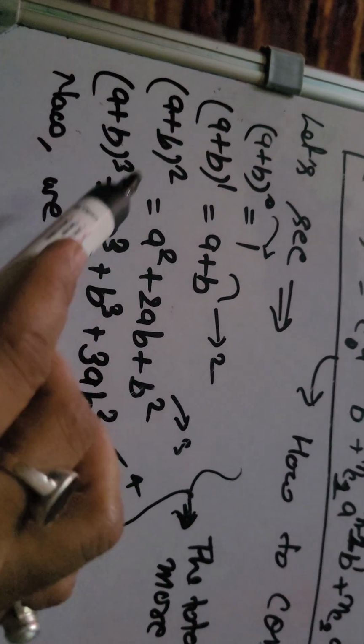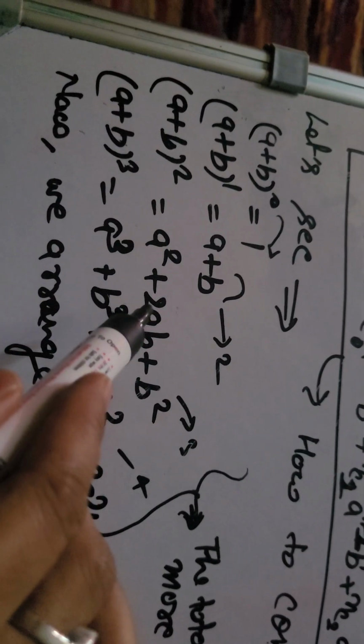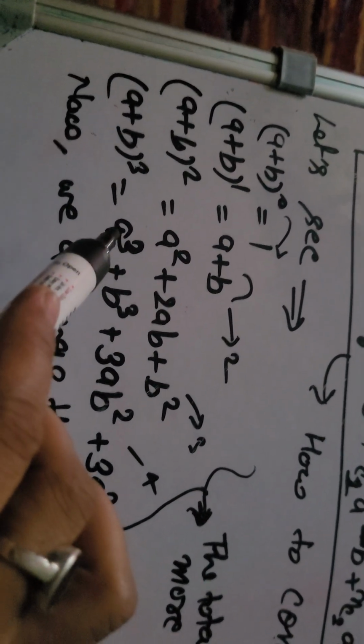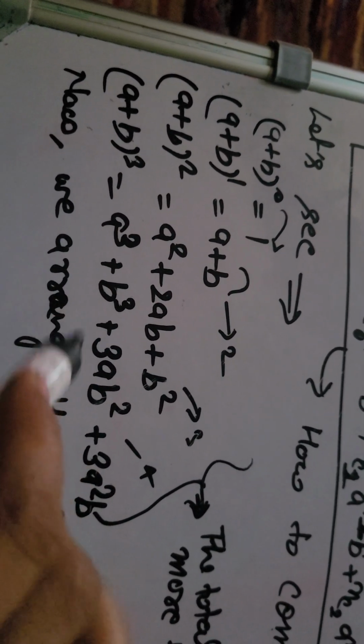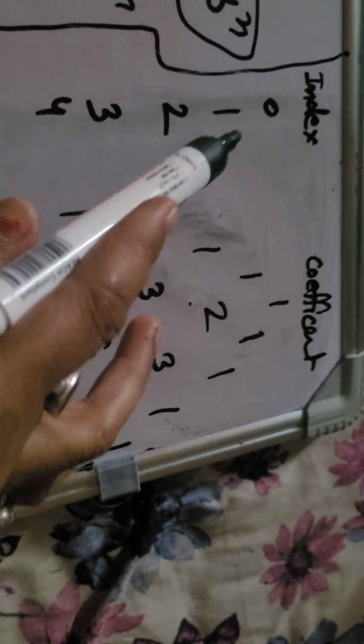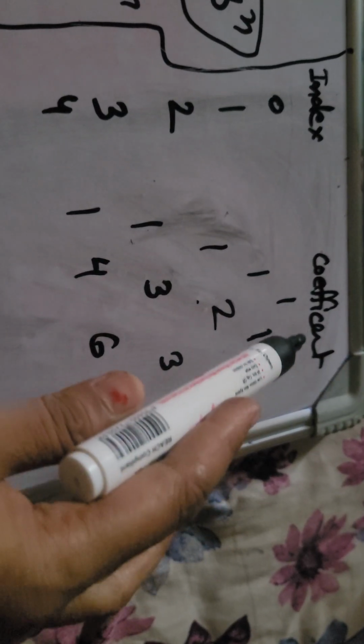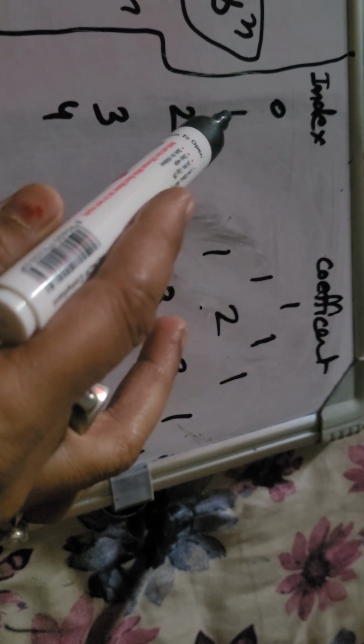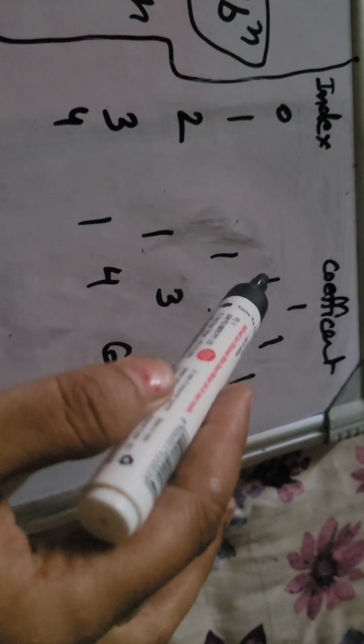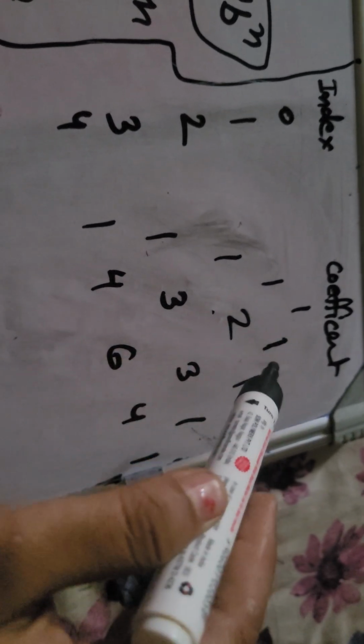Index 3, coefficients 1, 3, 3 and 1. So I put all the coefficients: index 0 has coefficient 1, and index 1 has coefficients 1, 1.